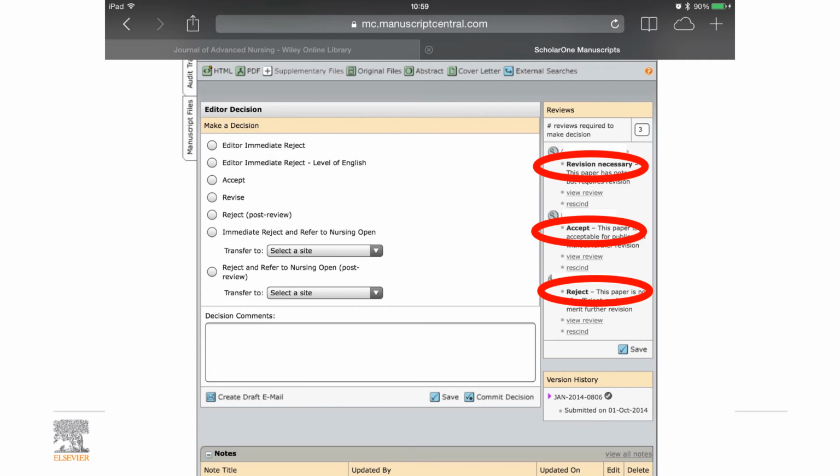On journals which are new, not so well established, or which have infinite space, and this would include many of the open access journals, not because they're poor quality, but because they do have infinite space, this may well lead to a request for revision, but the decision is in the editor's hands.